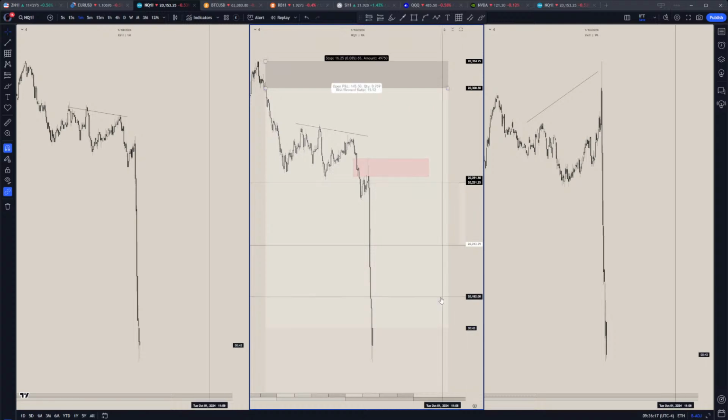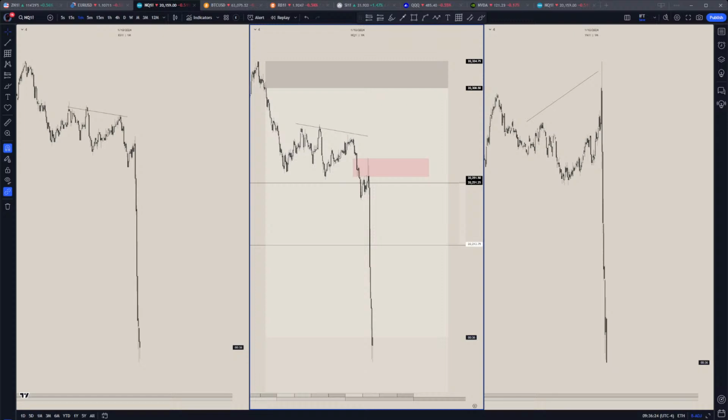So I'm going to take another contract off just to manage my trade. But then I'll have my contract at previous day low and see how it wants to react there. I just need to make sure I'm paying myself along the way.